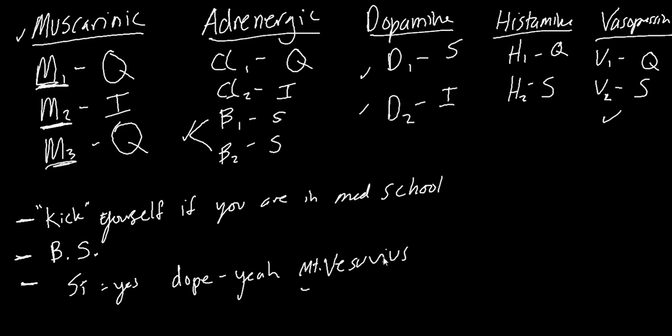Instead of Mount Vesuvius, I'm going to tell you it's Mount Vesuvius. Now, why do I say that? VQVS. Mount Vesuvius. So that'll hopefully get you another one. VQVS. Vesuvius.